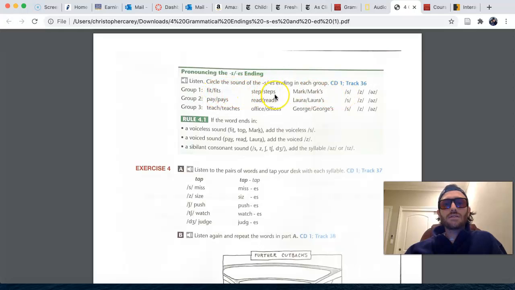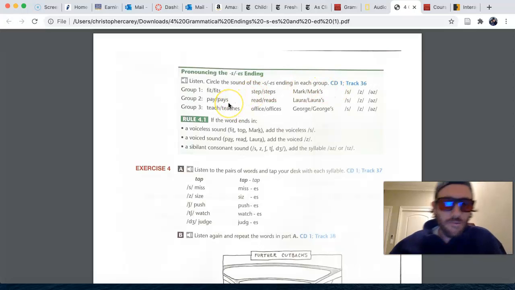Fits, steps, marks, t, p, k. Those are all voiceless consonant sounds, and for that reason, when we add an S or ES or apostrophe S, that S is going to have an S consonant sound.